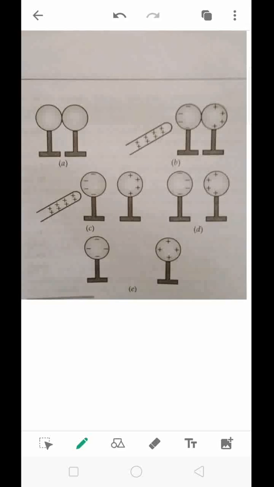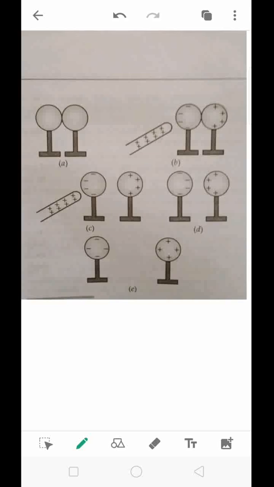Now here, in the first case, both spheres are brought in contact. In the second case, when they are in contact with each other, a charged body is brought and two opposite charges are seen on the two spheres. In the third case, in the presence of the external charged body, both spheres are separated with opposite charges.